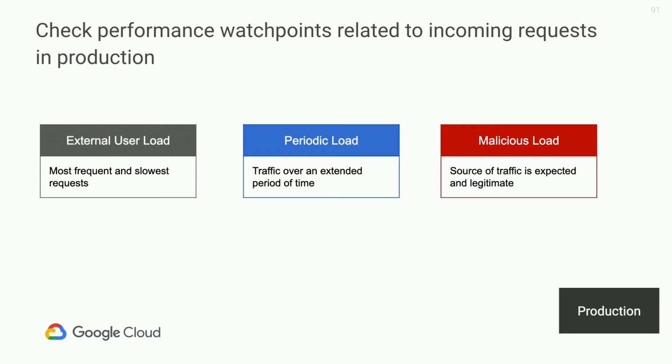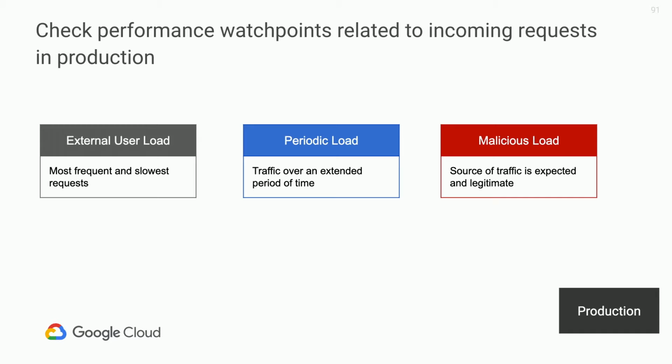In the production environment, there are also two things I want to suggest here. First, you should also implement some watch points. Some of the good watch points for production environments are, first, your user load.